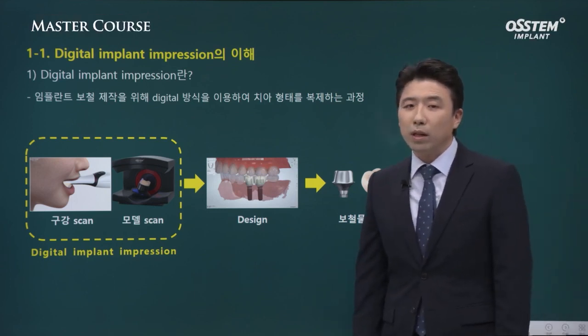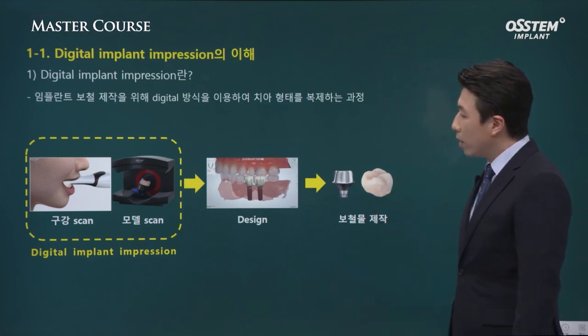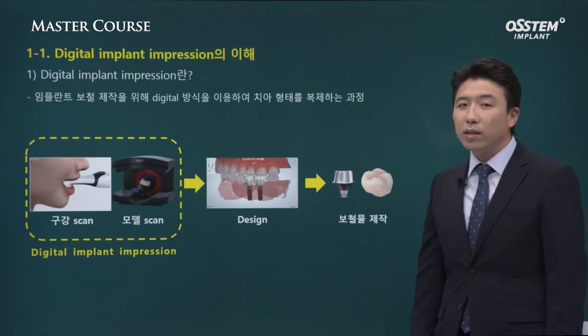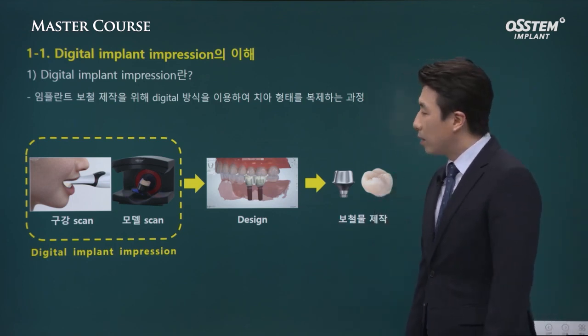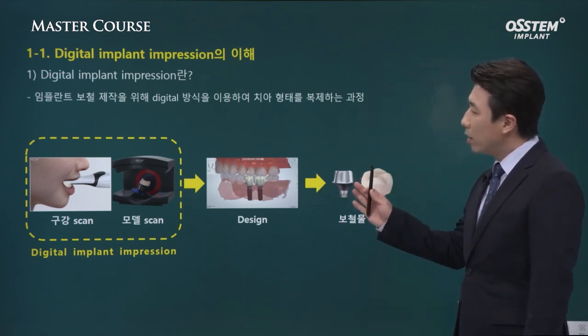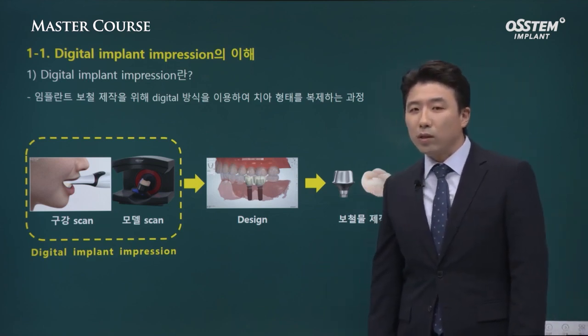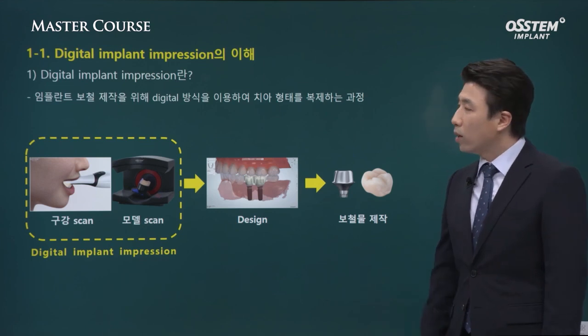After that, the data is used in CAD software to design the prosthesis. That is the process. And lastly, the designed data is sent to a lab. And finally, the result is obtained.